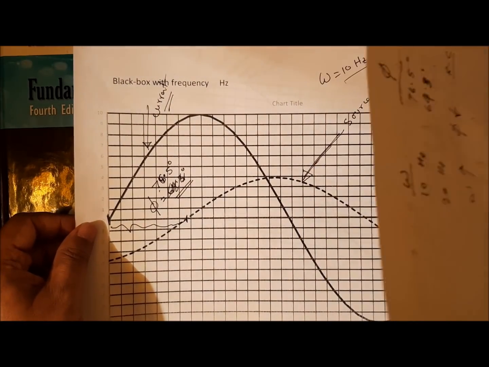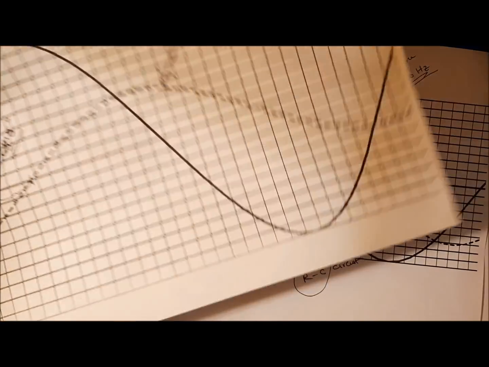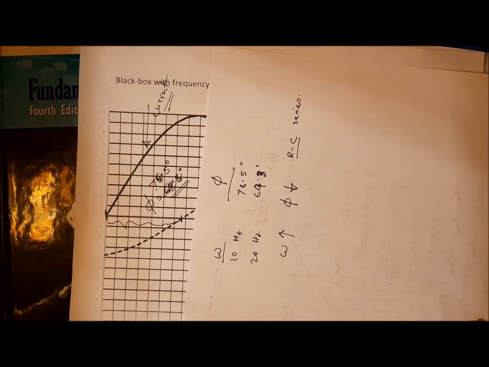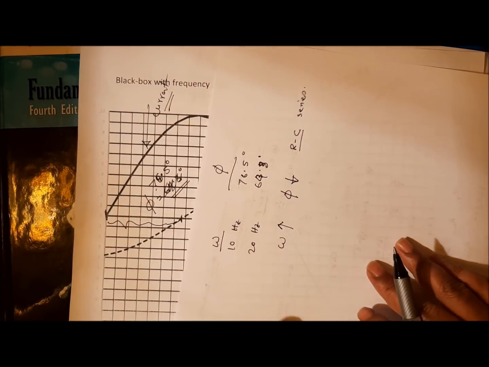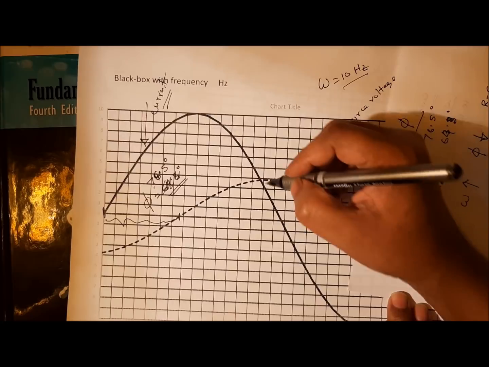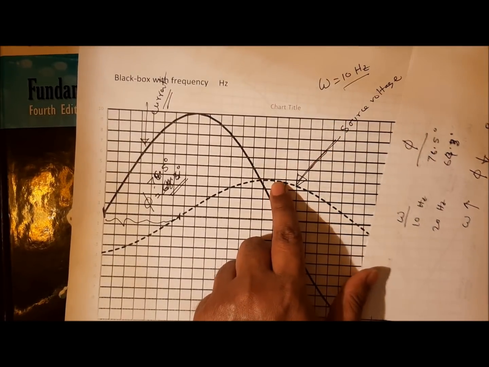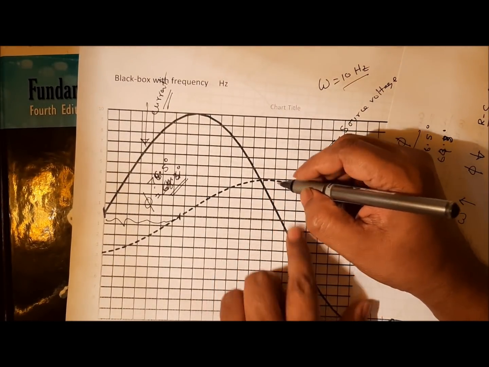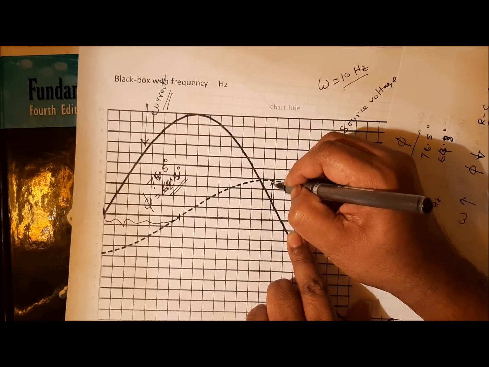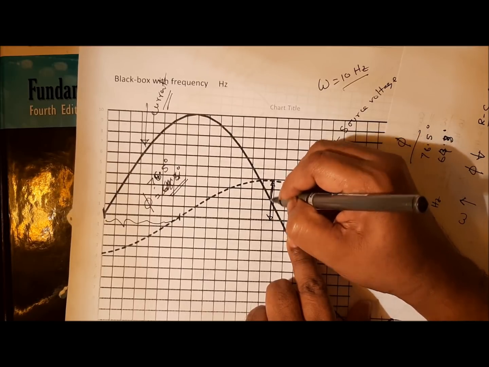Now if you want to get the values, we can choose either RC10 or RC20. So for RC10, for 10 hertz, this is my source voltage. Let's say the source voltage is from here. You will be given this value clearly on the graph.